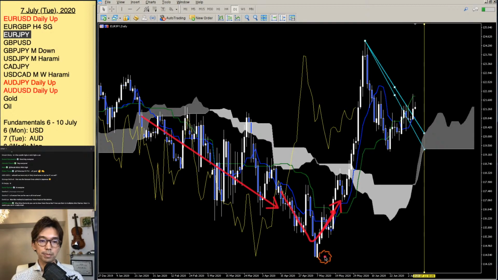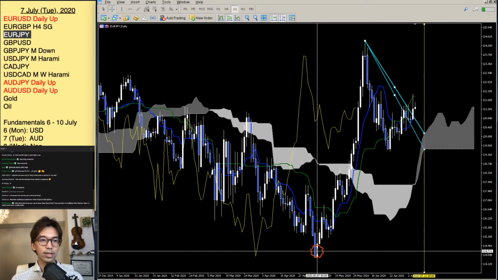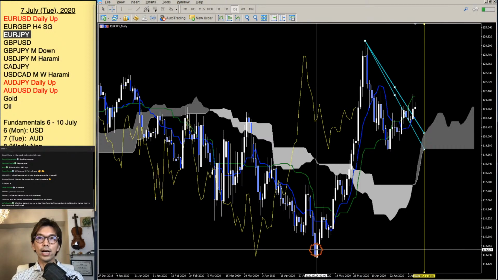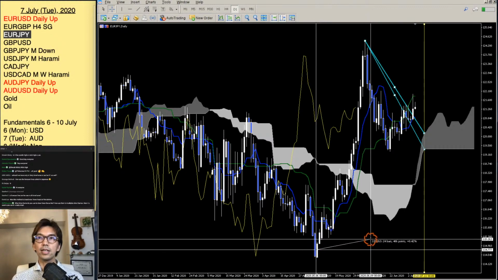So from here, you were also able to create forecast lines. Once again, from this candlestick, the lowest low candle, you count 26 candlesticks forward. That will be exactly here, on this candle.